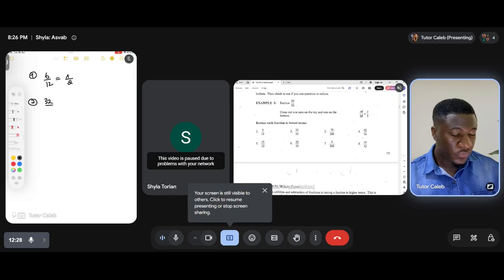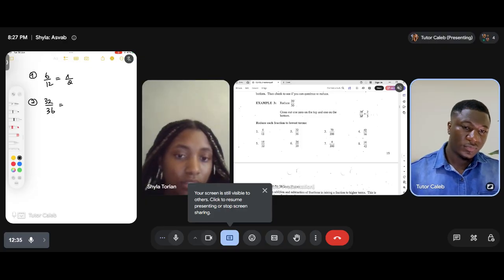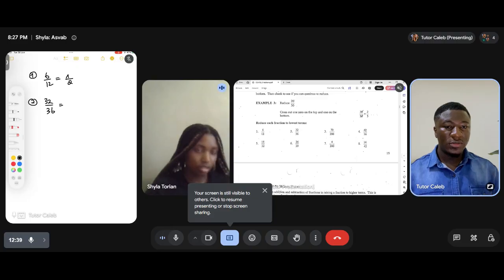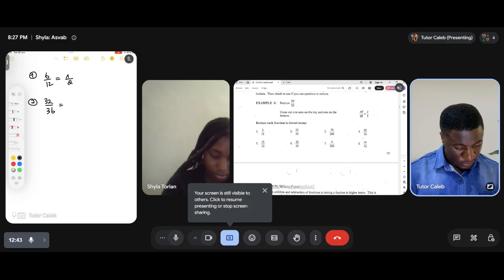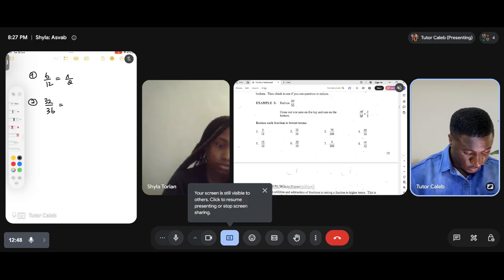Question 2. 32 over 36 gives you... You can write it down and simplify. You don't have to do it from your head.